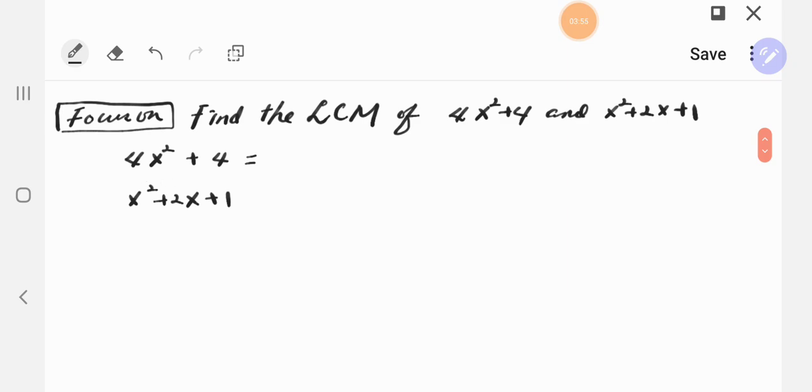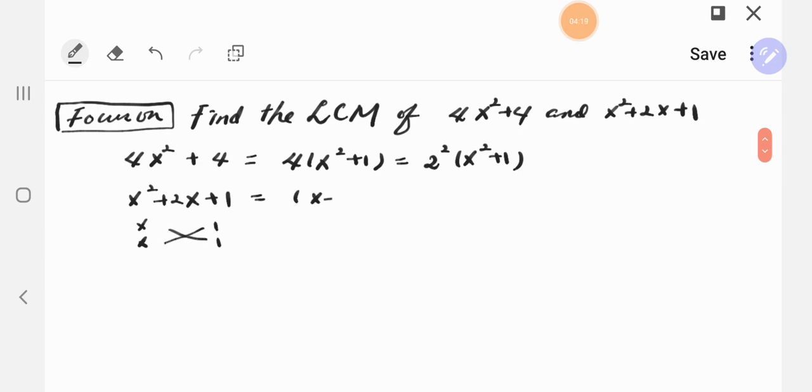The first expression is 4 times x squared plus 1, which we can rewrite as 2 squared times x squared plus 1. The second polynomial we can factor: x times x, 1 times 1, and the cross multiply is 2, so this equals x plus 1 times x plus 1.